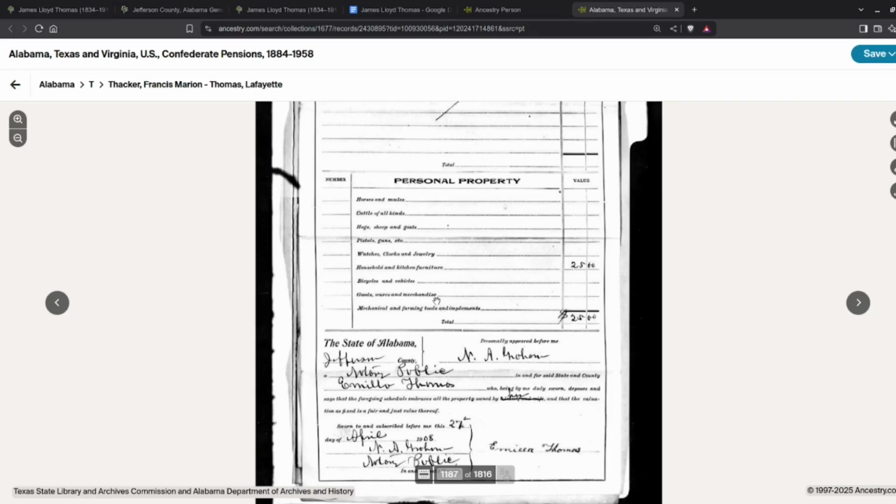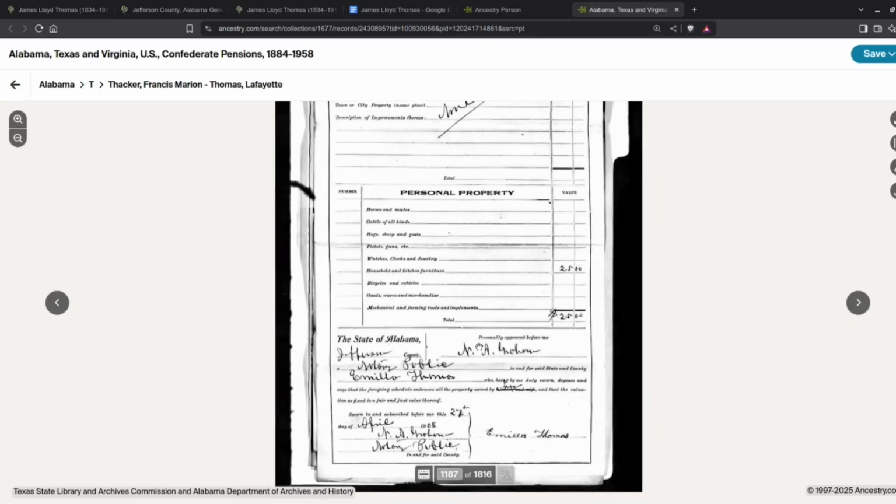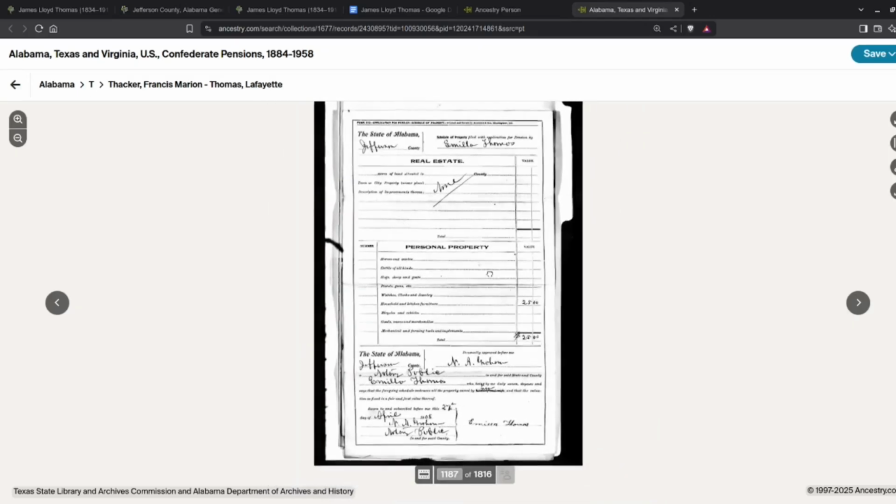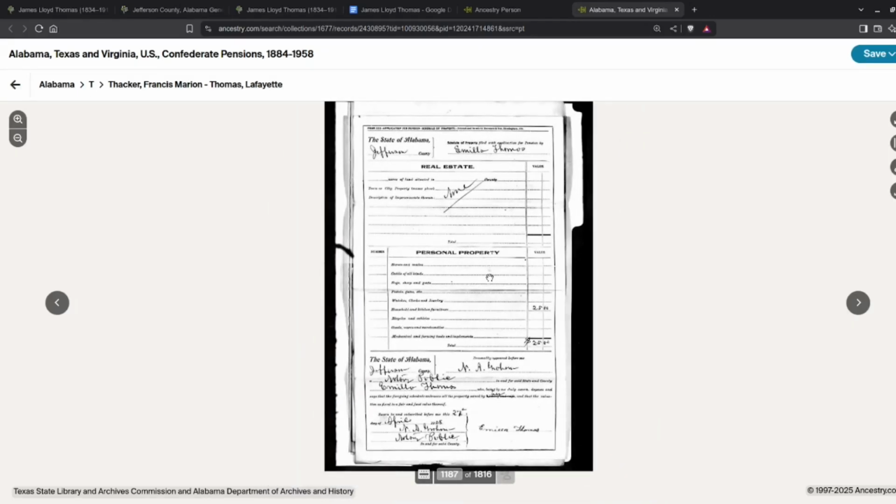But just to note that they really didn't have any property. One of the requirements for being able to successfully get a pension was to show that you were in financial need. And so this would be really important to show the reviewers that they didn't have any property.